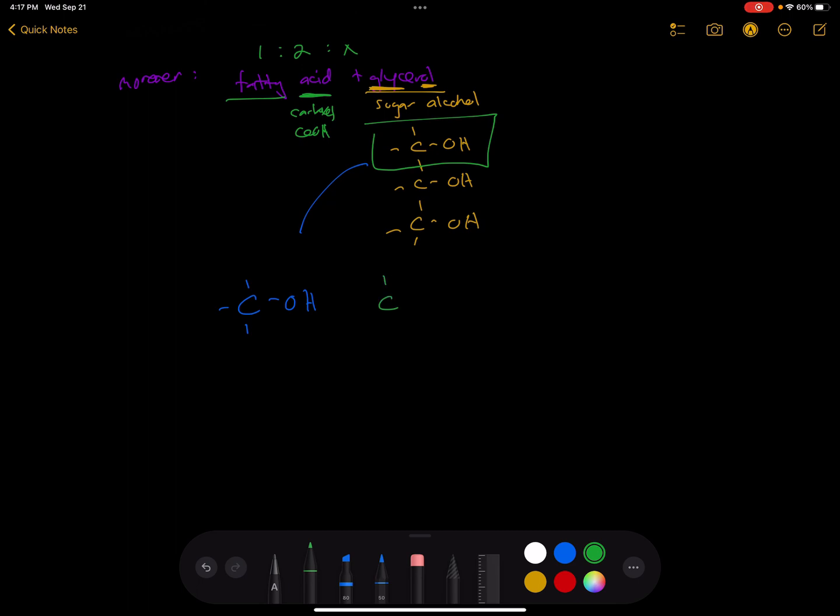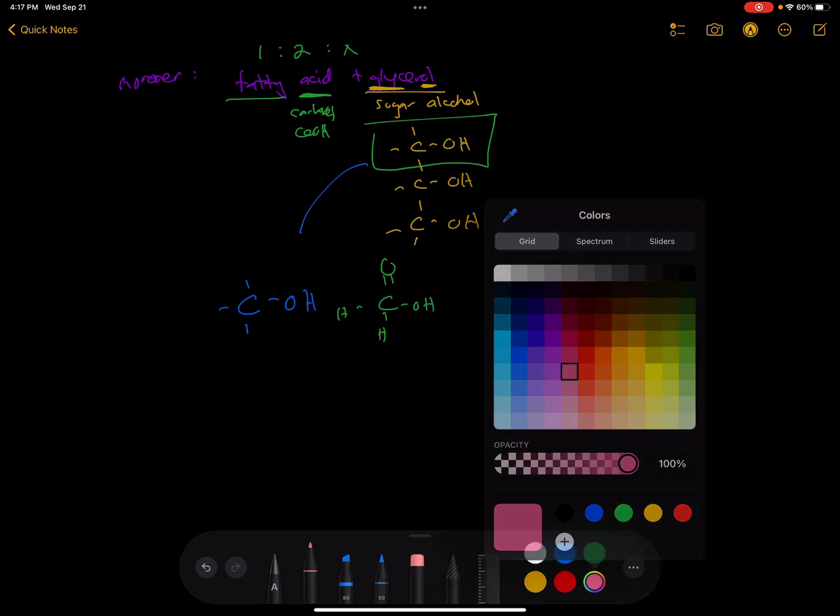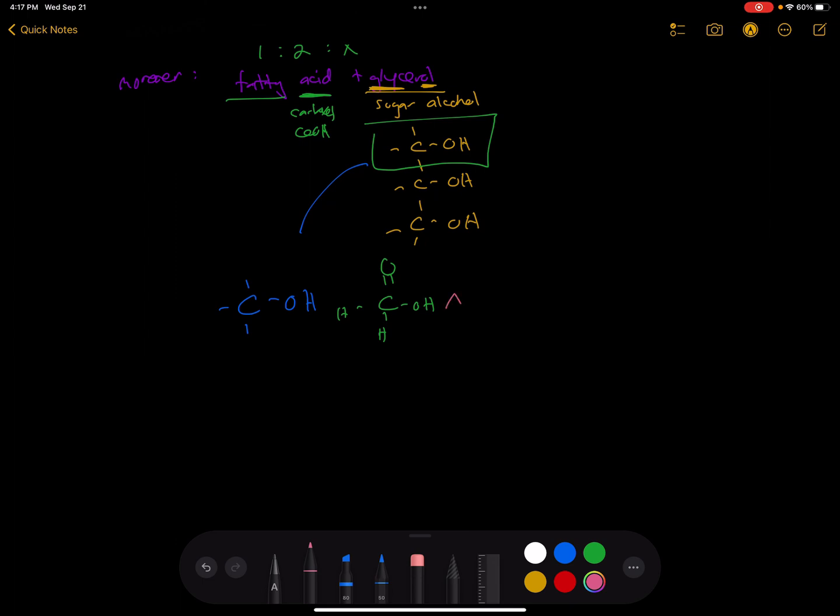So here's my C, double bond O, there's my hydrogen, and then OH. And then stringing off of that is going to be a big hydrocarbon chain. And we talked about this when we talked about organic structures. Every time I see something like this, I know that at every point there's a carbon.